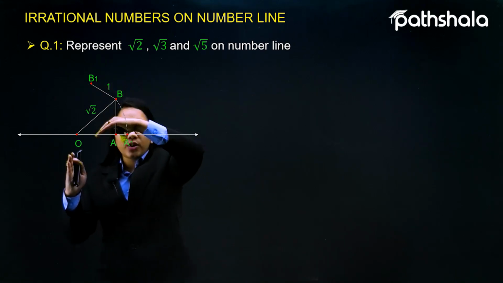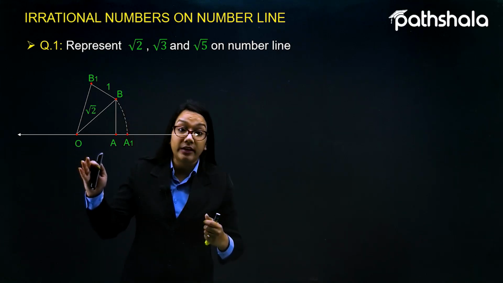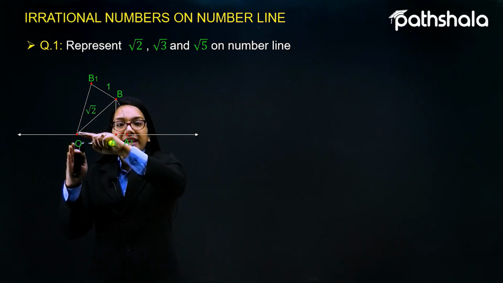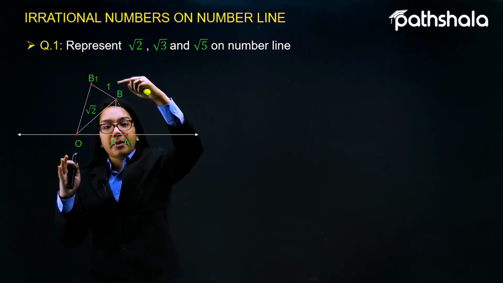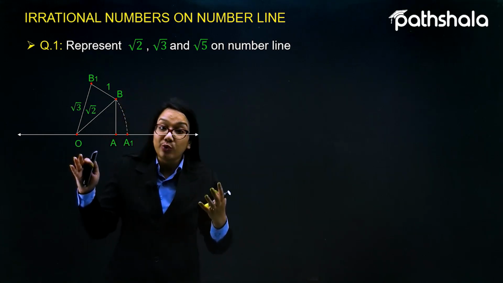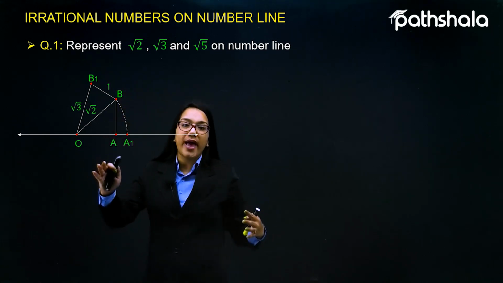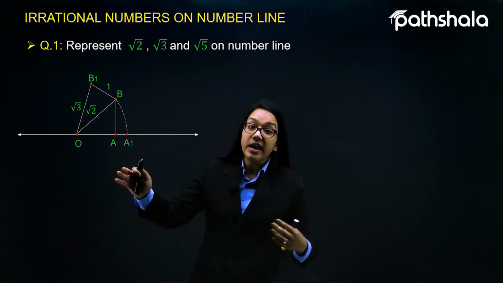Now let's join OB1. We know that if the base of this triangle is root 2 and the perpendicular is 1, then the hypotenuse is root 3, because root 2 square is 2 plus 1 square is 1, and 2 plus 1 is 3.